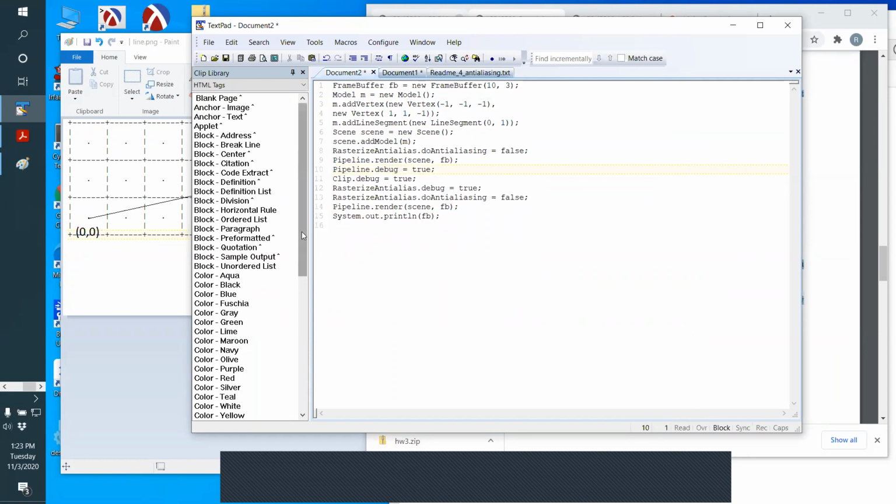Did I get rid of the text? Create a frame buffer, create a model, add a vertex, add another vertex, add the line segment, create the scene, add the model to the scene, turn off anti-aliasing. Let's see.